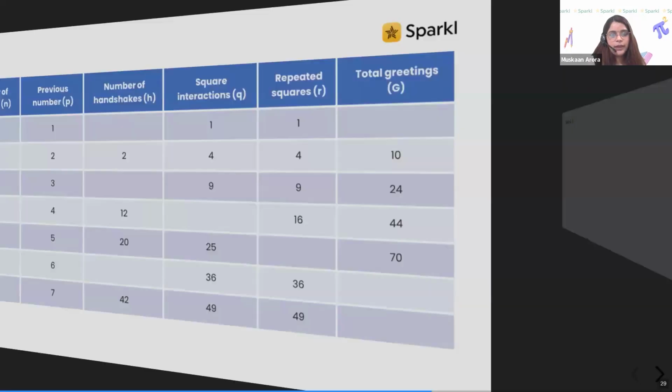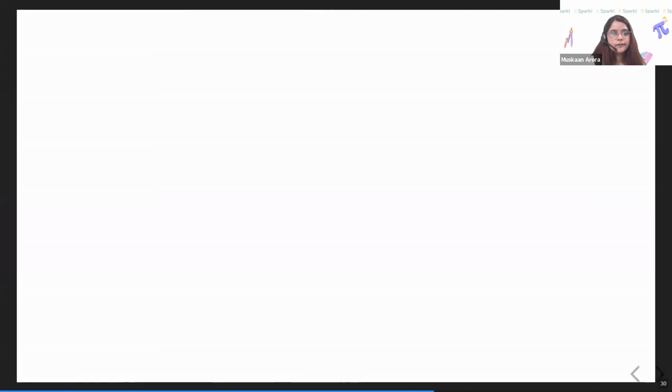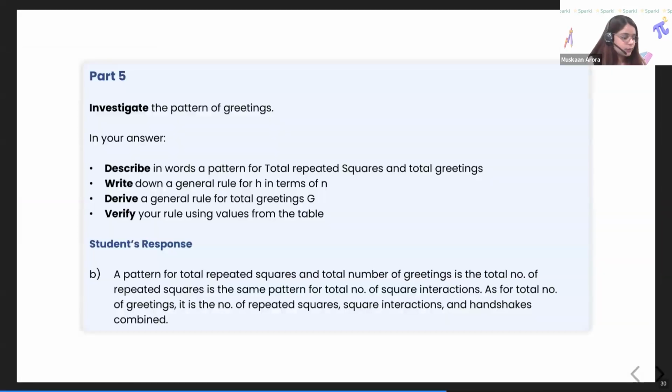I can keep going back and forth. Repeated squares is the second to the last column. And that's the student's response.